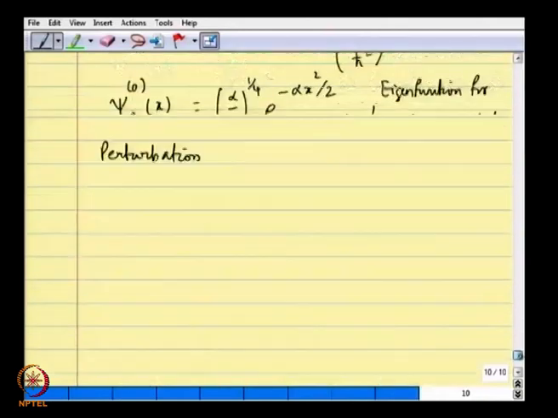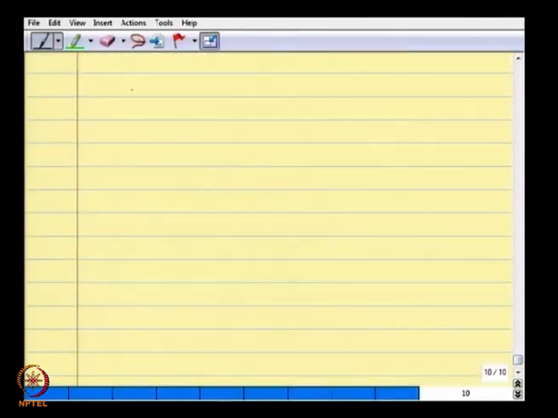So, if we assume, to simplest order, a perturbation H1 of x as some constant c times x cube, okay, c obviously has the dimensions of energy divided by length cube, because you see x cube is length cube, so appropriate units.